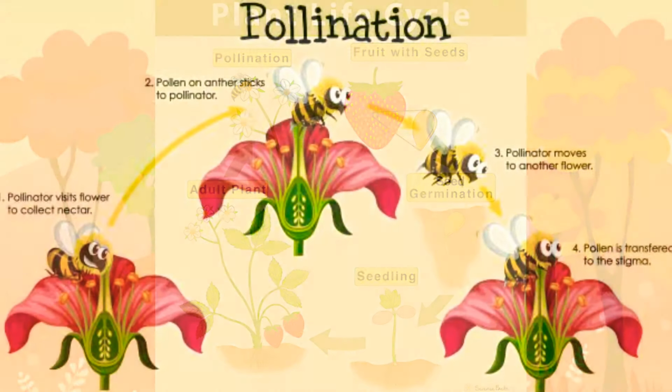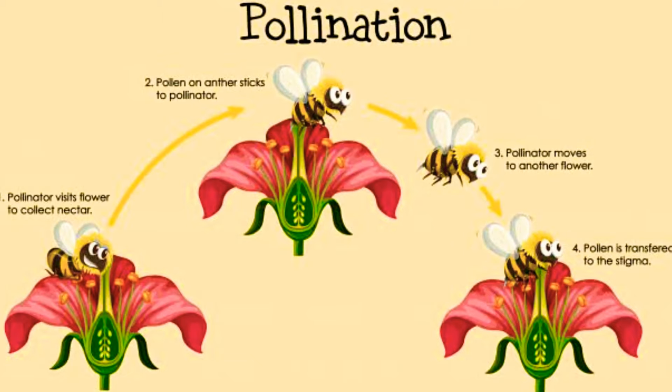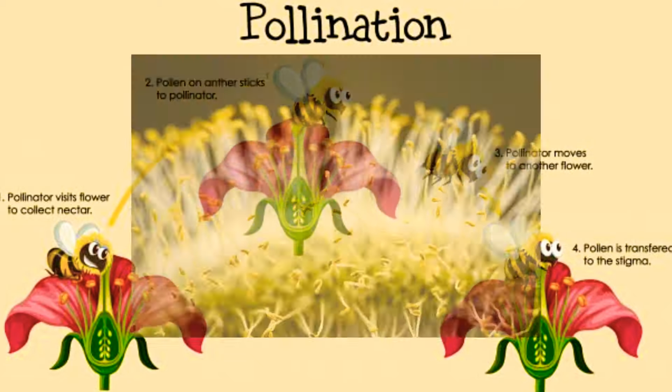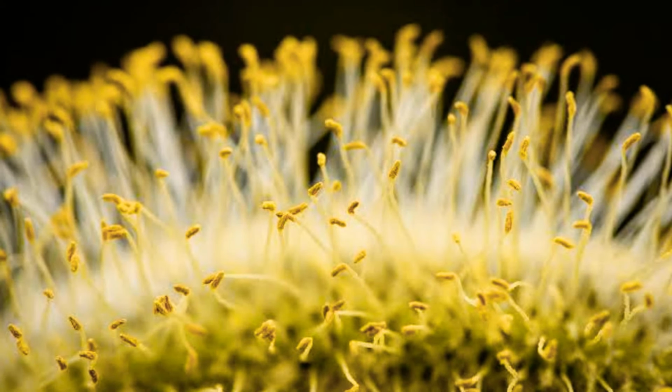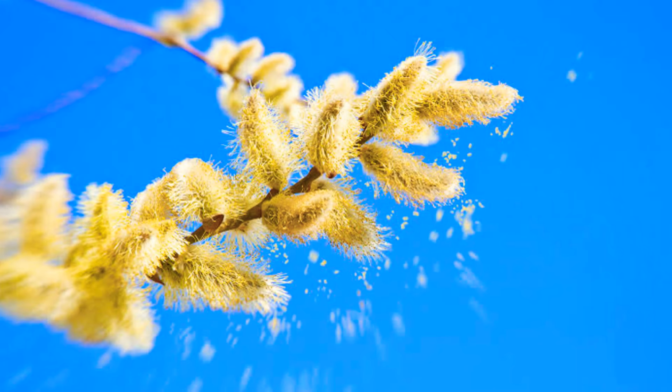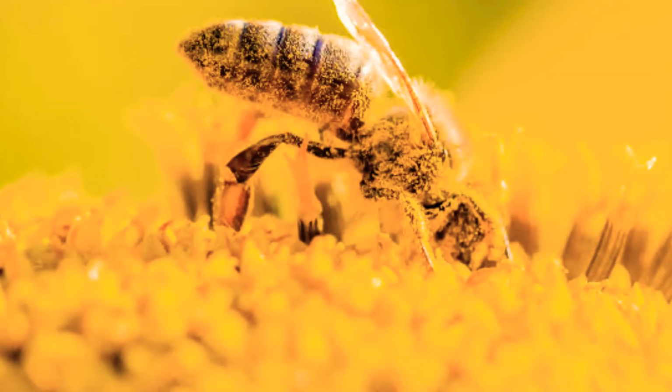Pollination plays a very important role in the plant's life cycle. Flowers use pollen to make seeds through a process called pollination. Pollen is transferred by different pollinators, such as birds, butterflies, insects, bees, or even wind.